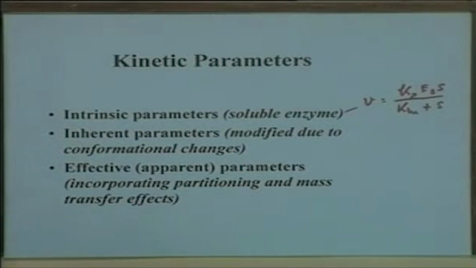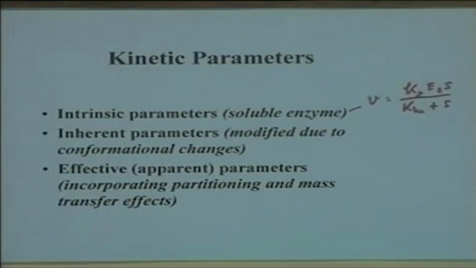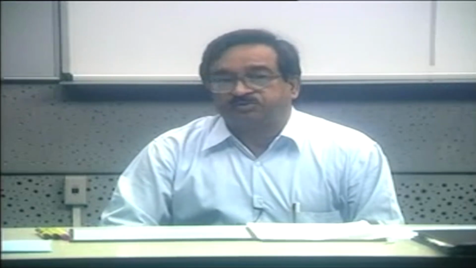The second class of the kinetic parameters are defined as inherent parameters. Inherent kinetic parameters are those which are obtained as a result of conformational changes only. That means they depend essentially on the method of immobilization: the kind of reactants and the kind of matrix we have used during immobilization, and whatever the interaction between the matrix and the enzyme under the conditions of immobilization.